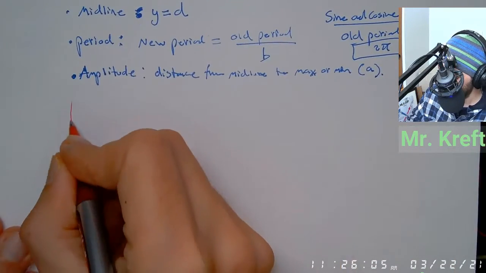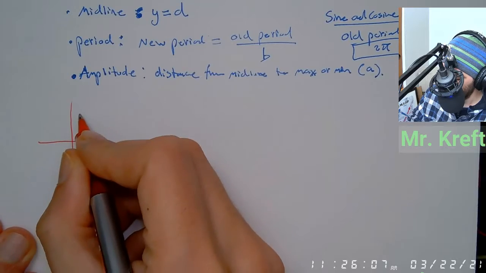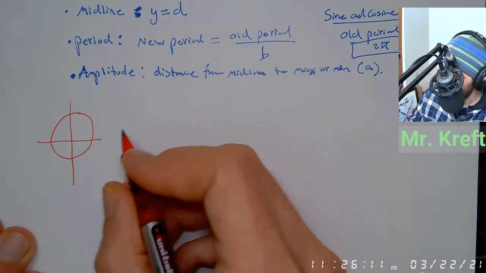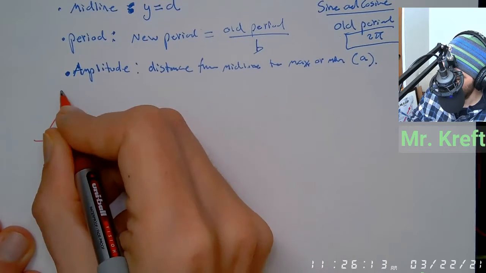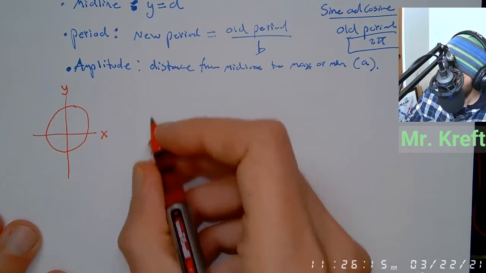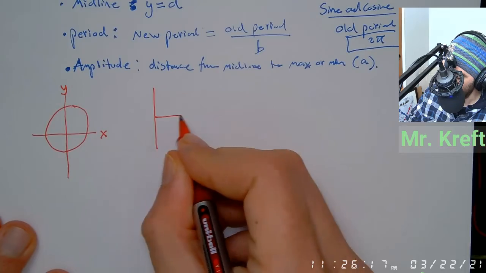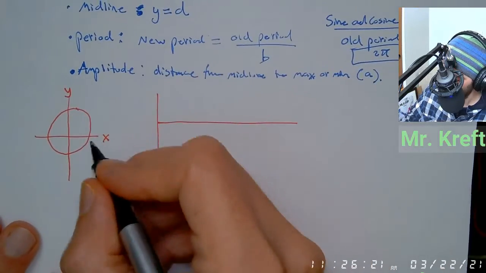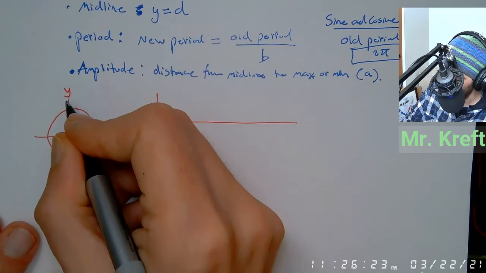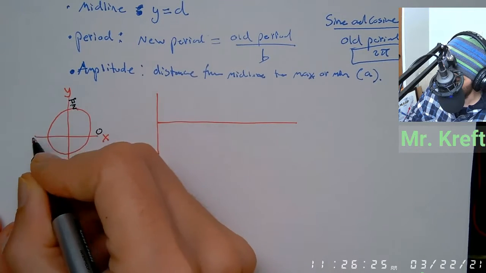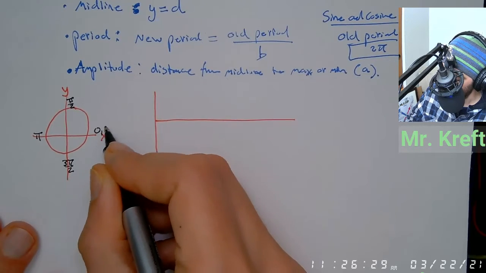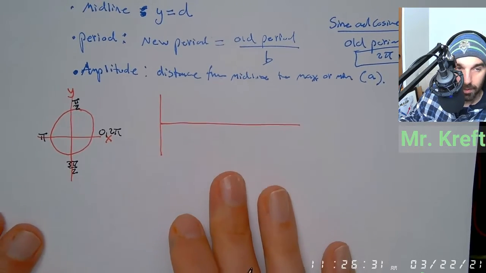All right, so here's a unit circle. Remember, x is left to right, y is up and down. If we think of this as a Ferris wheel, we get on at 0, pi over 2, pi, 3 pi over 2, and 2 pi.